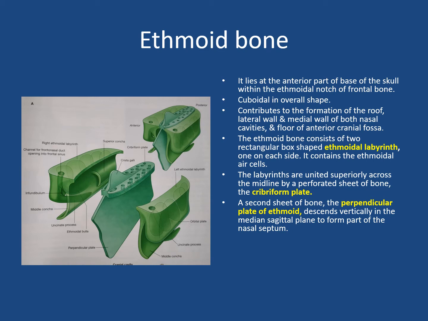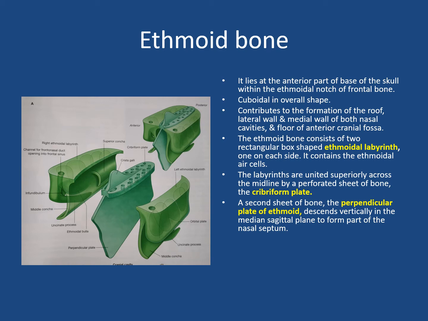Both the labyrinths are united superiorly across the midline by a perforated sheet of bone which is called the cribriform plate of ethmoid. A second sheet of bone, the perpendicular plate of ethmoid, descends vertically in the median sagittal plane to form part of the nasal septum.